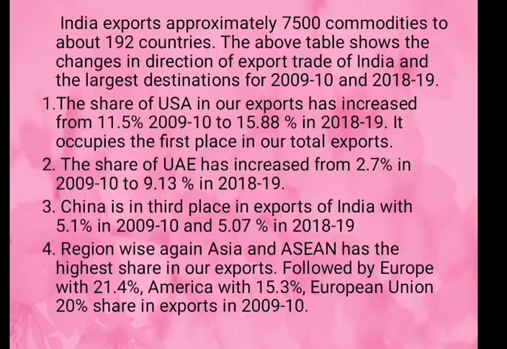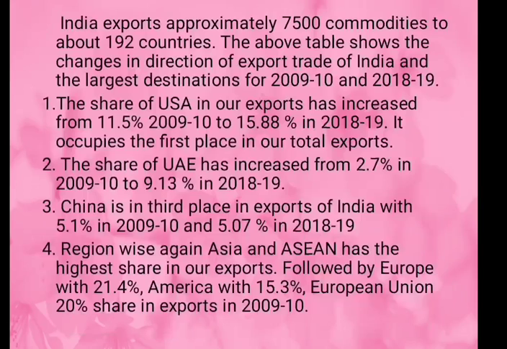China is in the third place in the exports of India with 5.1% in 2009-10 and 5.07% in 2018-19. Again, if we see region-wise or continent-wise, which region occupies the highest share in our exports? It is Asia and ASEAN, which again has the highest share in our exports.